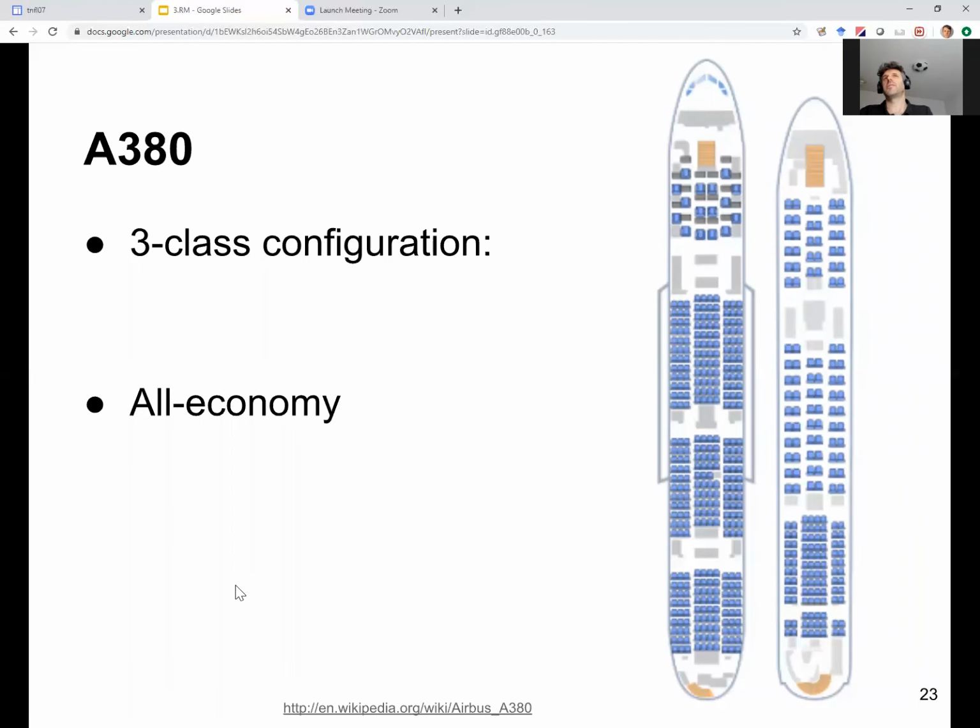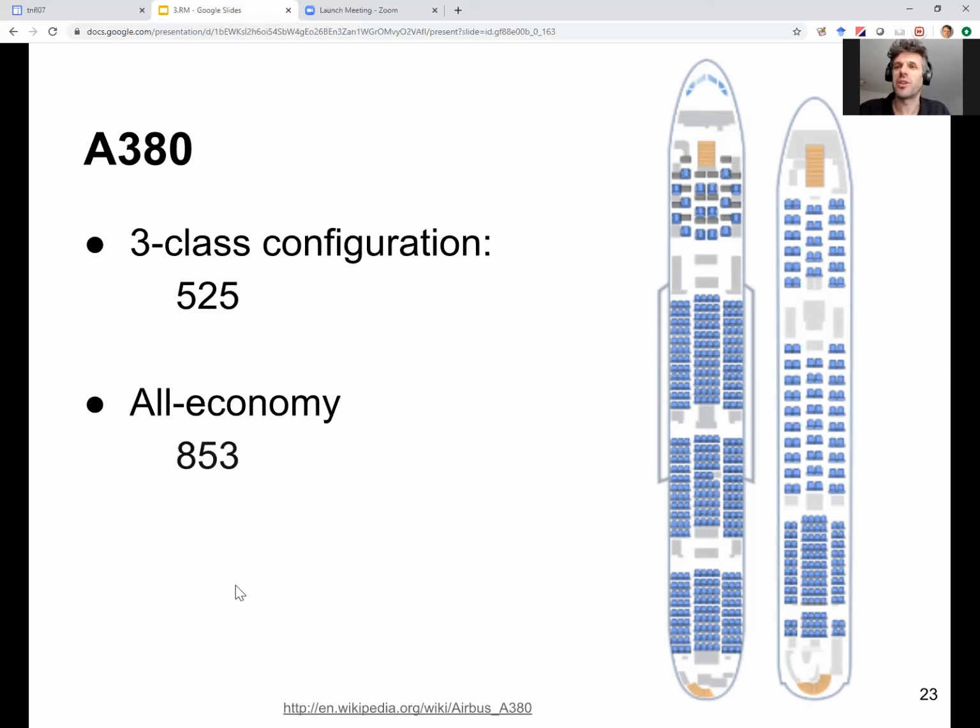But interestingly, the number of seats that you can get varies quite a lot. So there is a good question: how many seats does an A380 have? It can have as many as 800 seats, but if you have three classes, it has only, quote unquote, only 500.